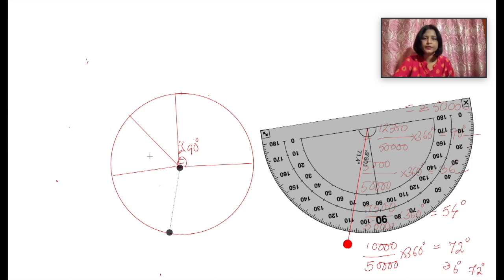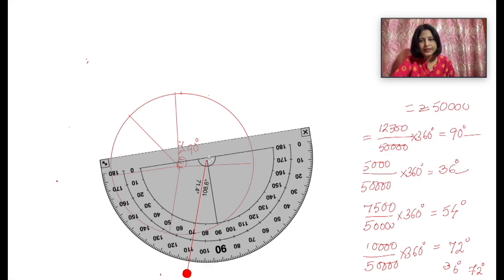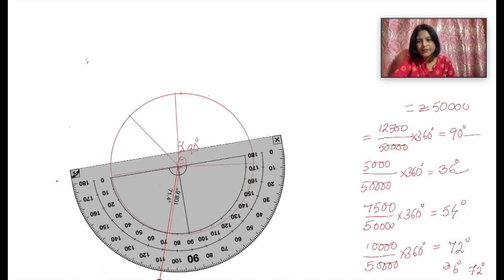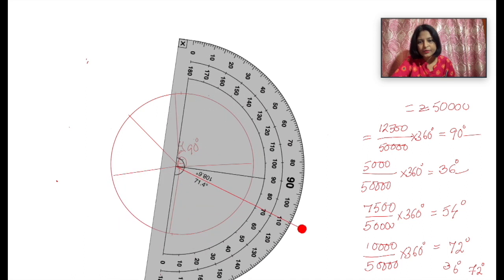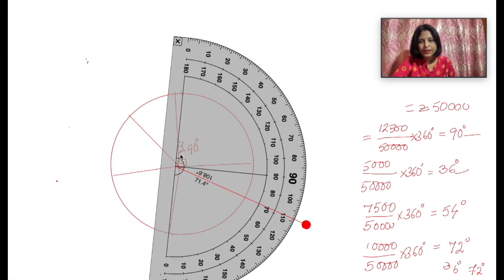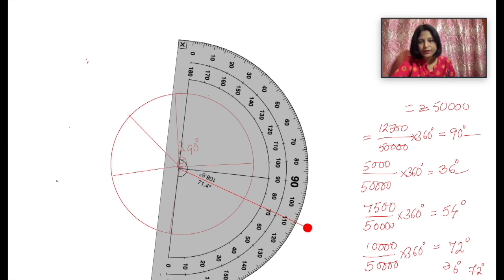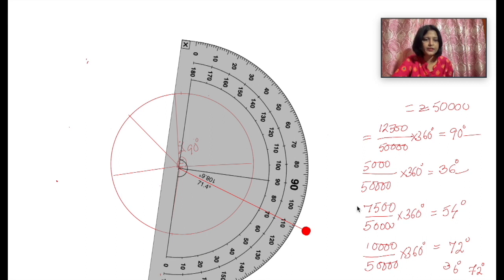Okay, next again we have to place the protector here at the center and let the base of the protector be collinear with the arm of one of the sectors. Next angle is 36 degree. Now 0 is here at the bottom, you can see, and we have to bring 36 degree over here.